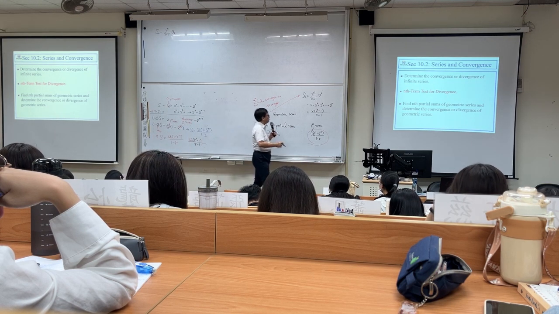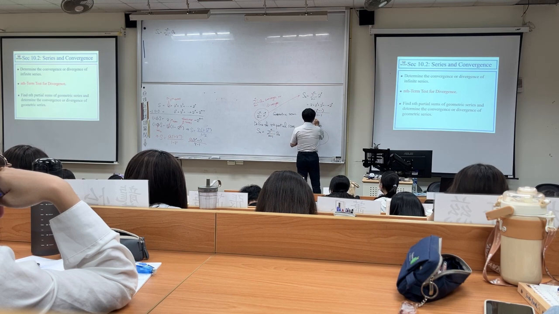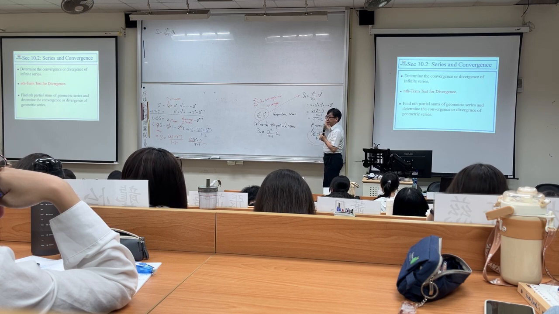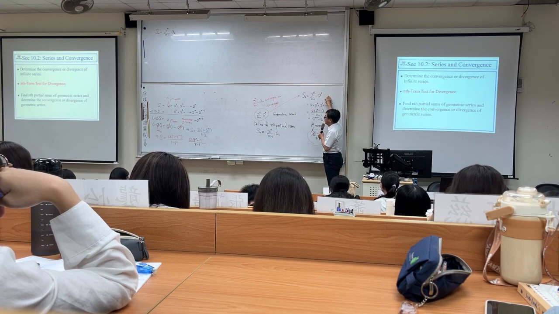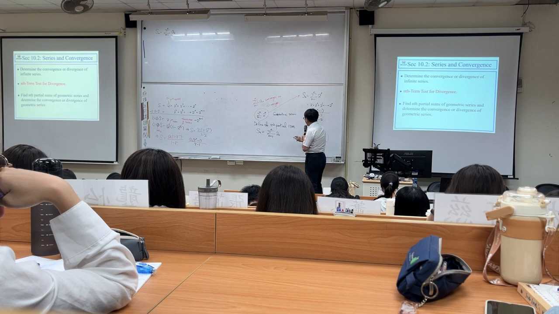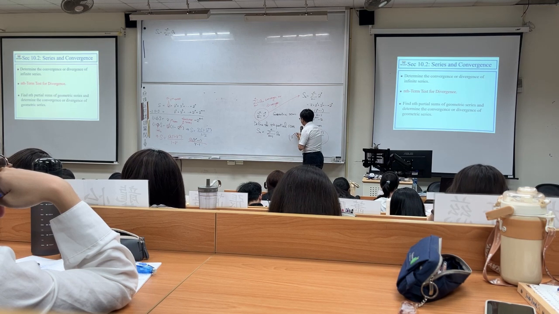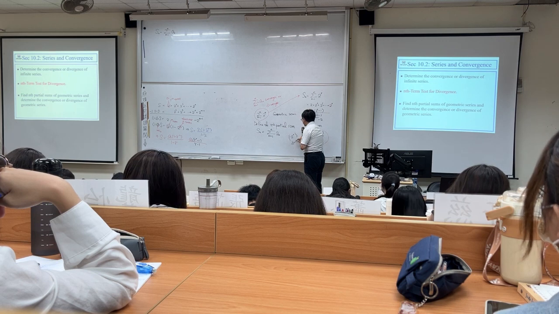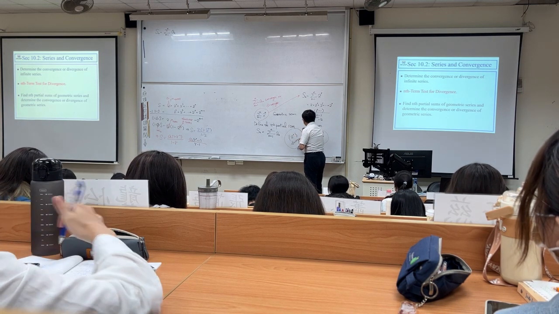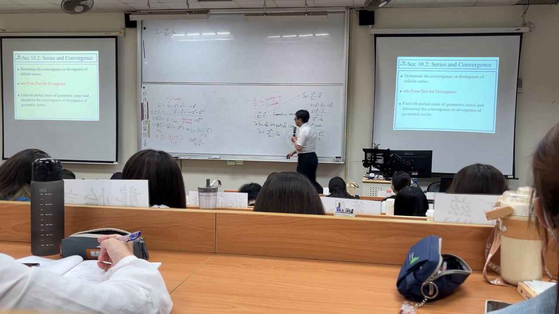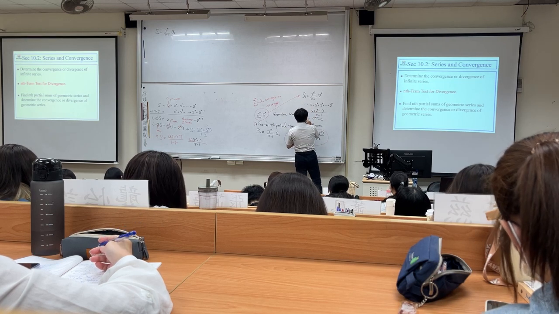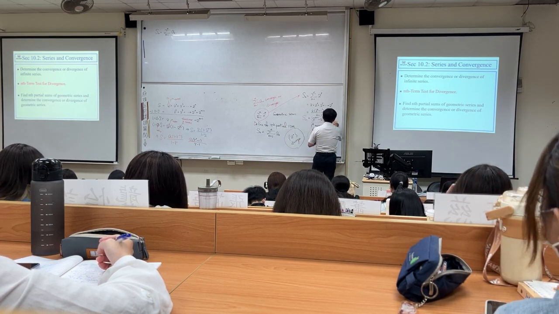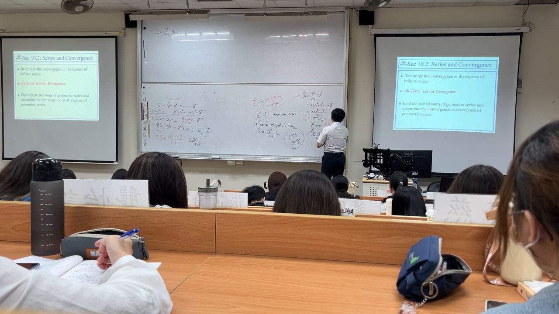Okay, so this will be equal to 2 to the n plus 1 minus 2. And this we do know diverges, going to infinity. So this series, the summation of 2 to the n, diverges, because this goes to infinity as n goes to infinity.